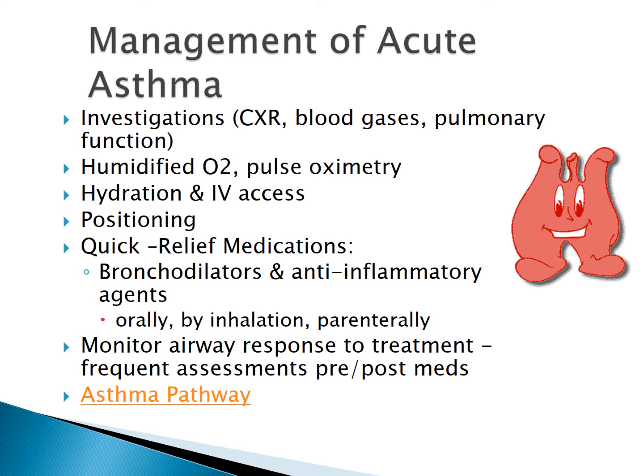I don't expect you to memorize the asthma pathway, but just to have an appreciation. It's used throughout Alberta. And so a child with asthma who goes to the Peter Lougheed, to Alberta Children's, to Medicine Hat, to Lethbridge, to Edmonton, all will be treated the same.